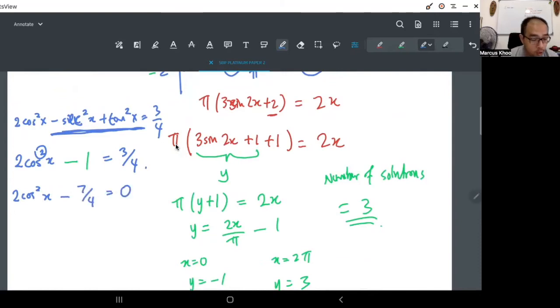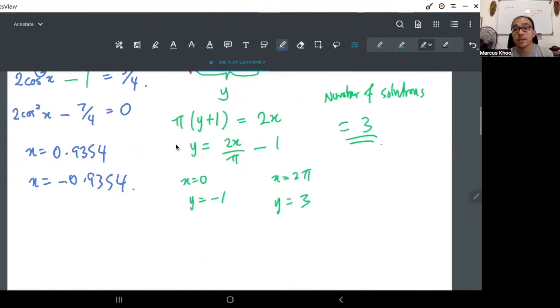So when you use the equation mode on the calculator, enter 2, 0, and minus 7 over 4. So you get cos x equals 0.9354 and cos x equals negative 0.9354. You get 2 values of cos x, and each means 2 values of x, so you will get 4 values altogether.